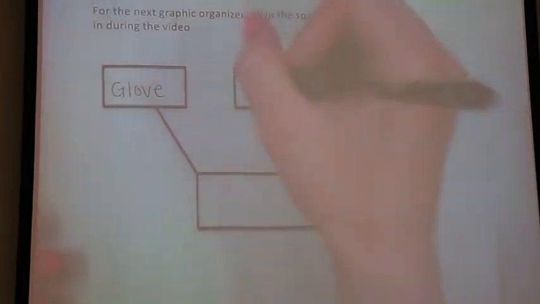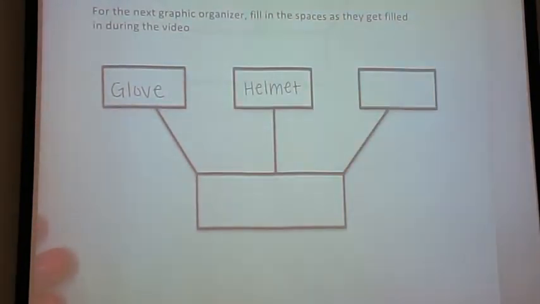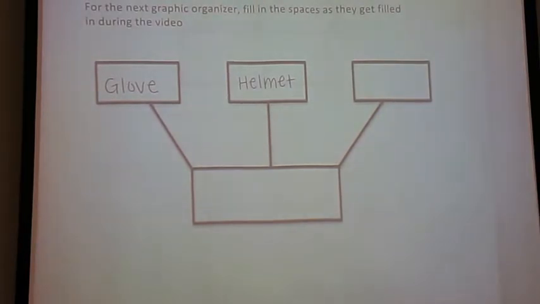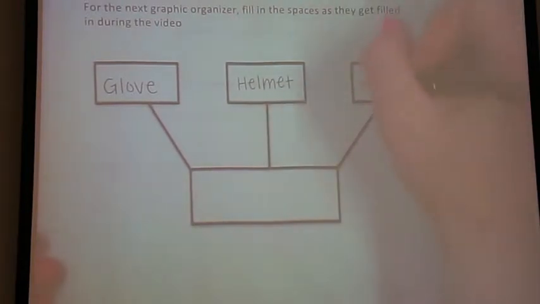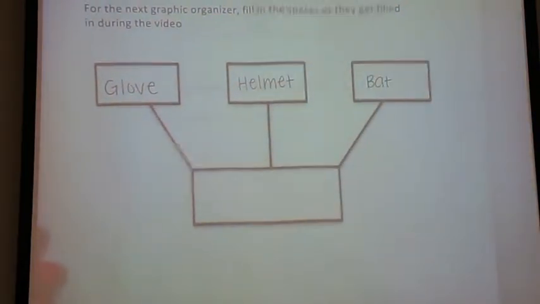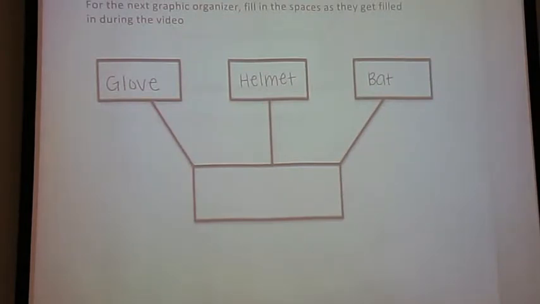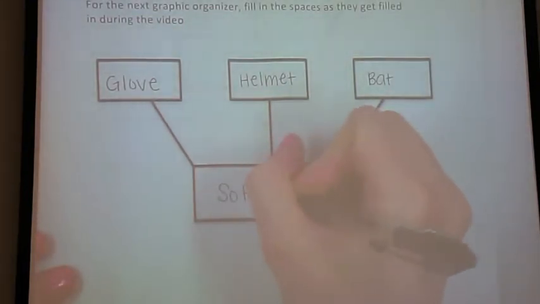I'm going to write that in too. And what about the bat? Is that the main idea, or is it our 3rd supporting detail? Right, it's our last supporting detail. Let me write that in. So, what does that make softball? It's our main idea. Let me write that in.